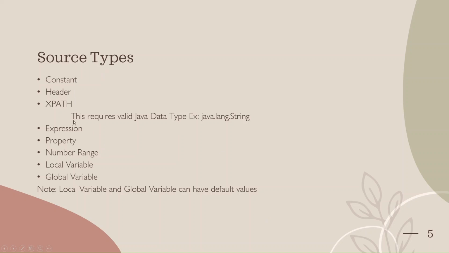I just want to specify one more time that when you're using XPath, the data type is required. And when you're using local and global variables, you can specify default values. If the local or global variables do not exist, then the integration flow at runtime will take the default values.